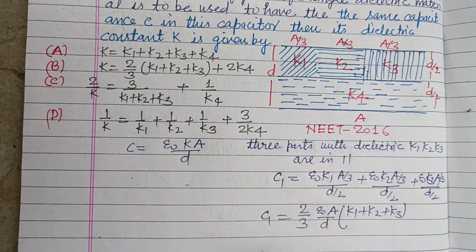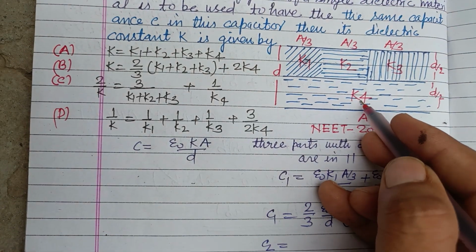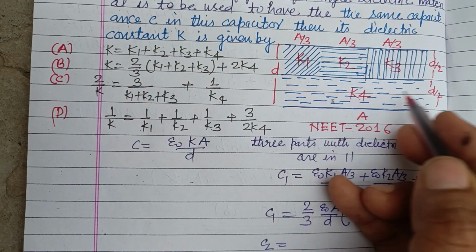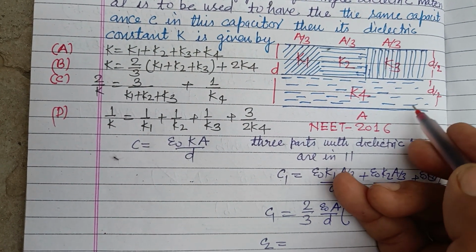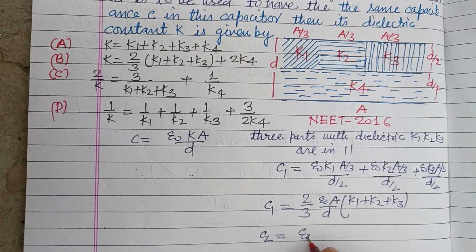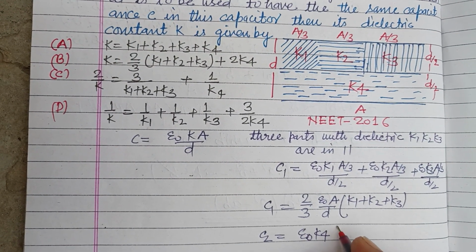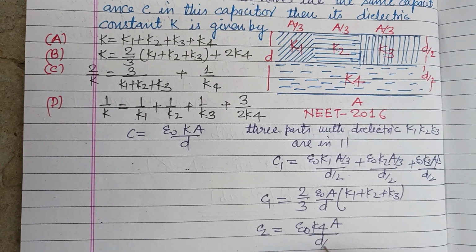Now C2, for this part which has dielectric constant K4, separation D by 2 and area A, is epsilon naught K4 A upon D by 2.